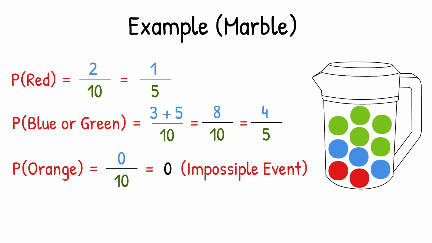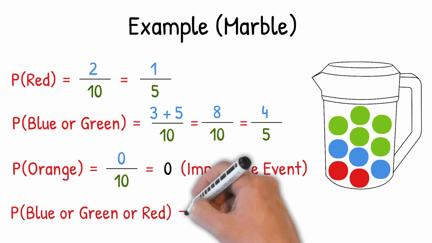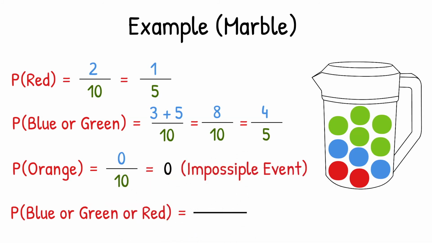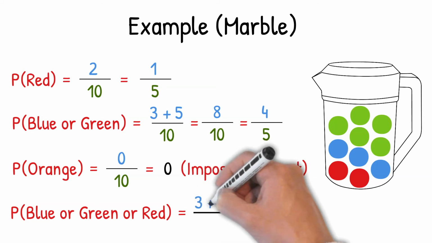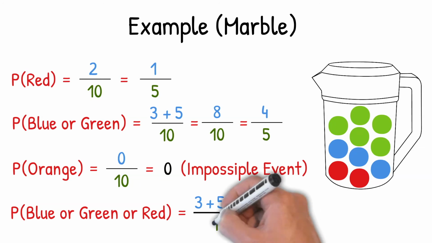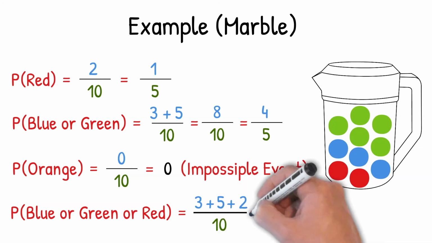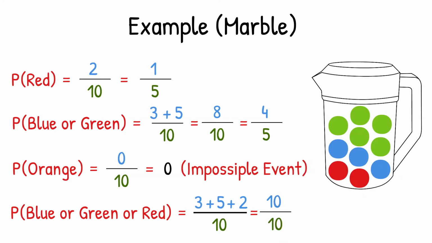Now calculate the probability of a marble to be blue or green or red. Probability of a marble to be blue or green or red equals the number of blue marbles plus the number of green marbles plus the number of red marbles, which is 3 plus 5 plus 2, over the total number of marbles, which is 10, equals 10 over 10. 10 over 10 equals 1.